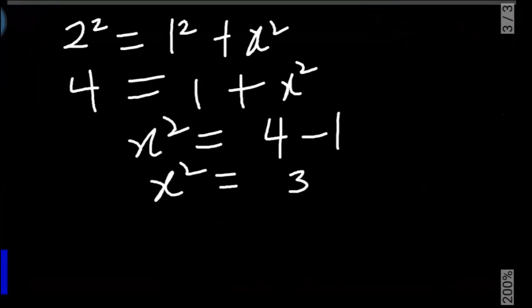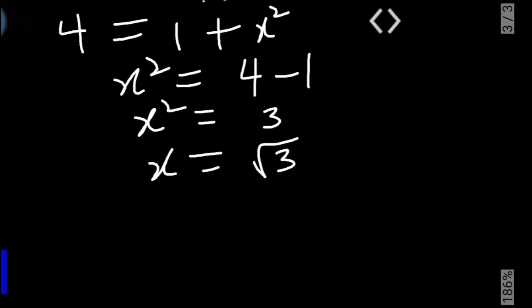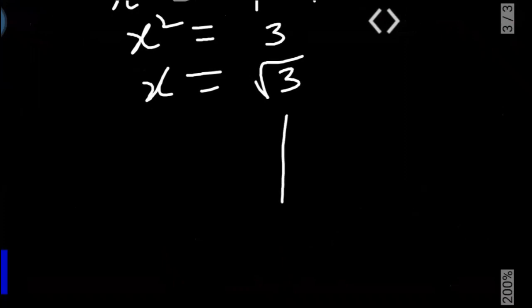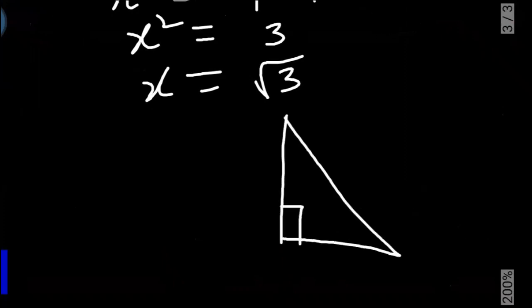So x is equal to root 3. So in the right angle triangle, we have 2, 1, and root 3.